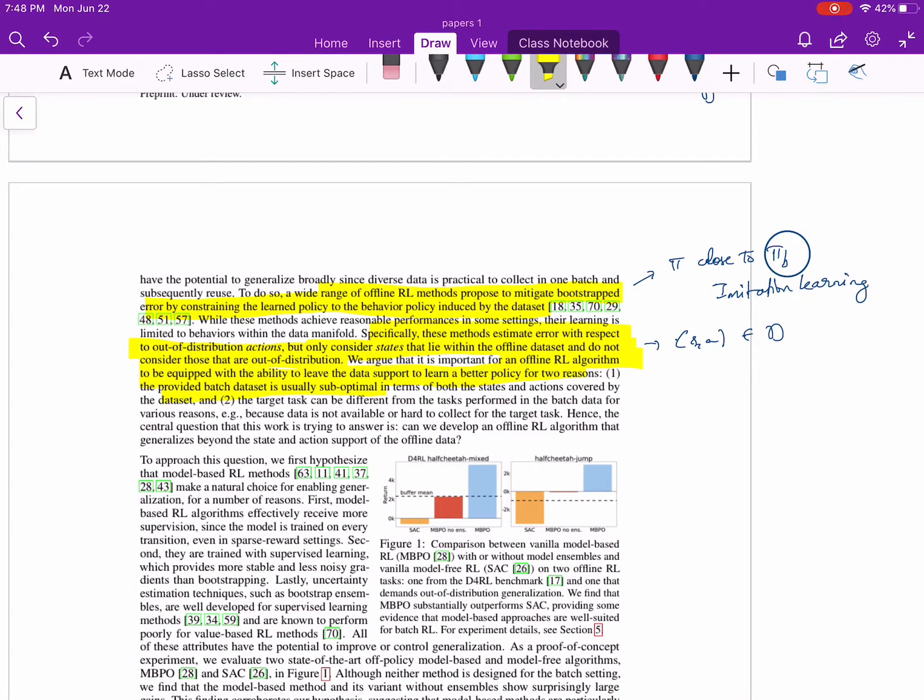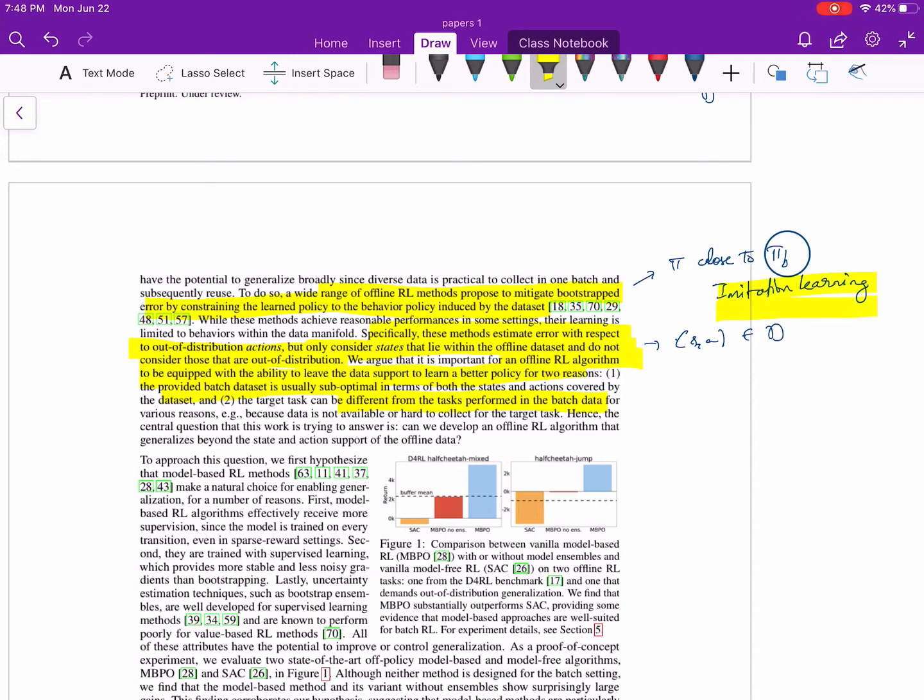I mean, the explore term here is just to go outside of the support of the data set, so not the usual exploration term which I'm talking about. The second point is that the task can be coming from different multitask oriented batch data sets, so we cannot actually use it how imitation learning assumes.